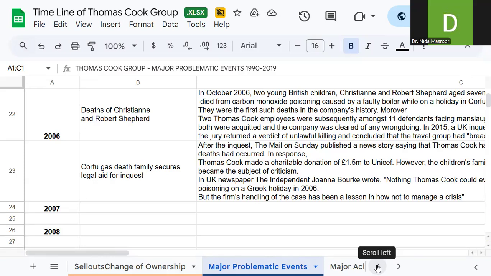They were criticized by the media all over Europe for their negligence, which resulted in the death of two innocent children. And ultimately, their CEO had to resign.